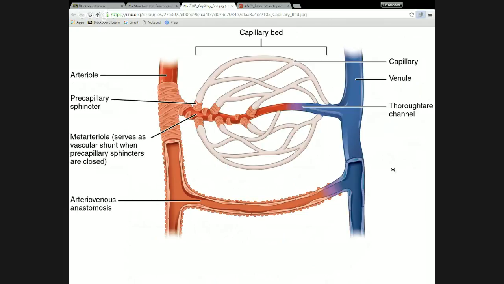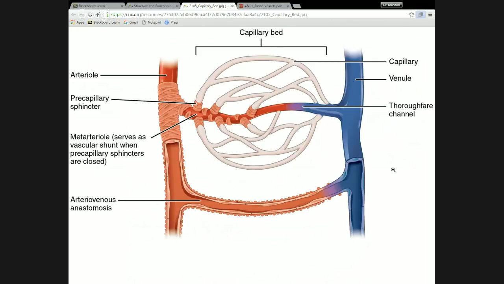It's a branch off of the arterial side of circulation. So it's sort of like an arteriole, but I don't quite know what the prefix meta is getting at, but it's a little bit different in that it doesn't have the smooth muscle layer of the tunica media around it. There are a few smooth muscle cells wrapped around here and there.